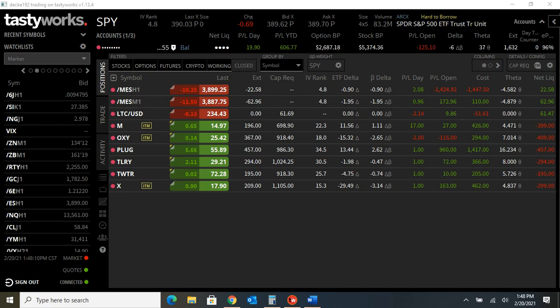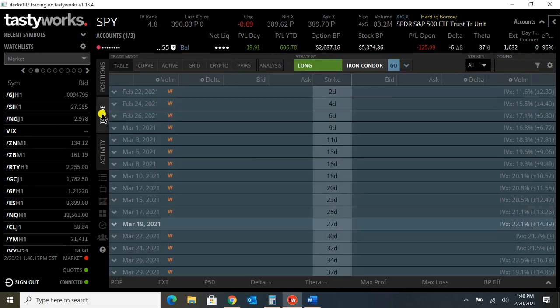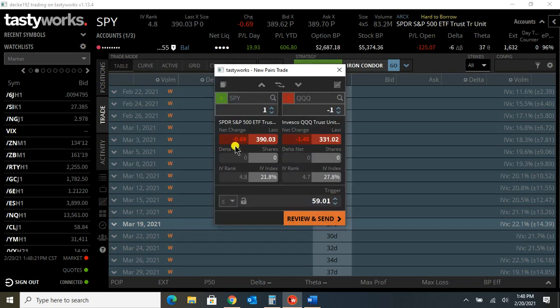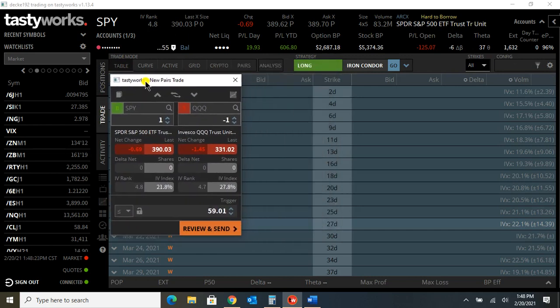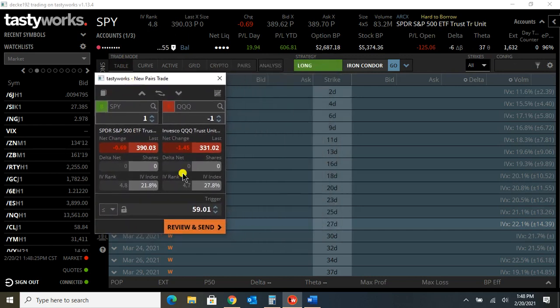I'm going to use the tastyworks platform here. In tastyworks, if you go to the trade tab and then up in the trade mode, if you go to pairs, this pairs trade pops up. We'll use gold and silver. I'm going to use the ETFs instead of the futures.